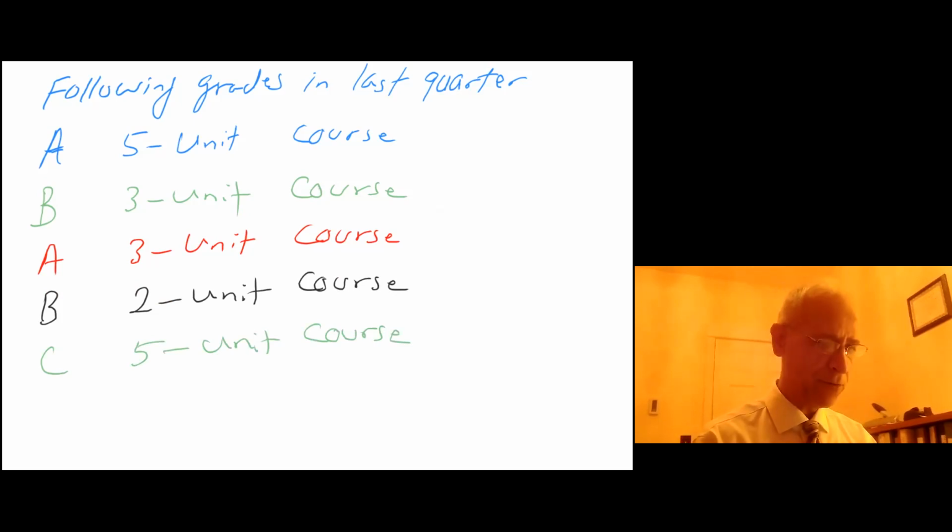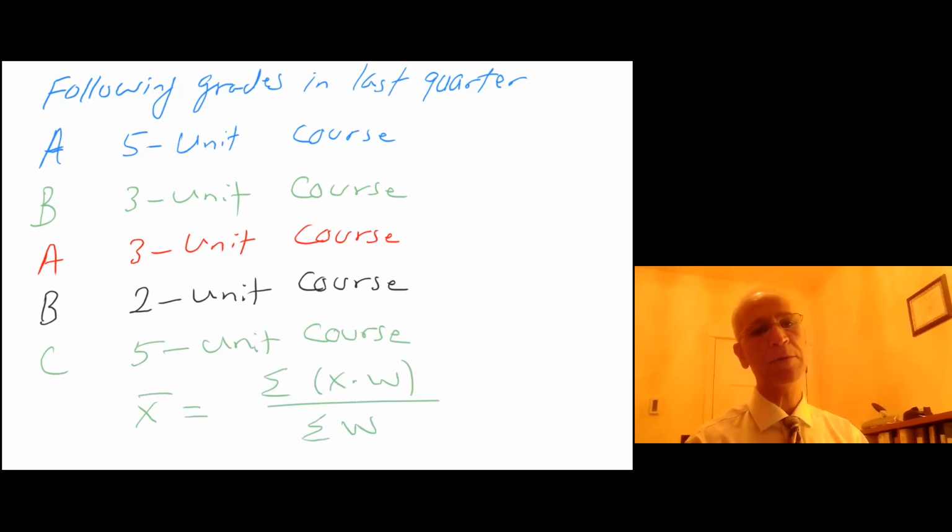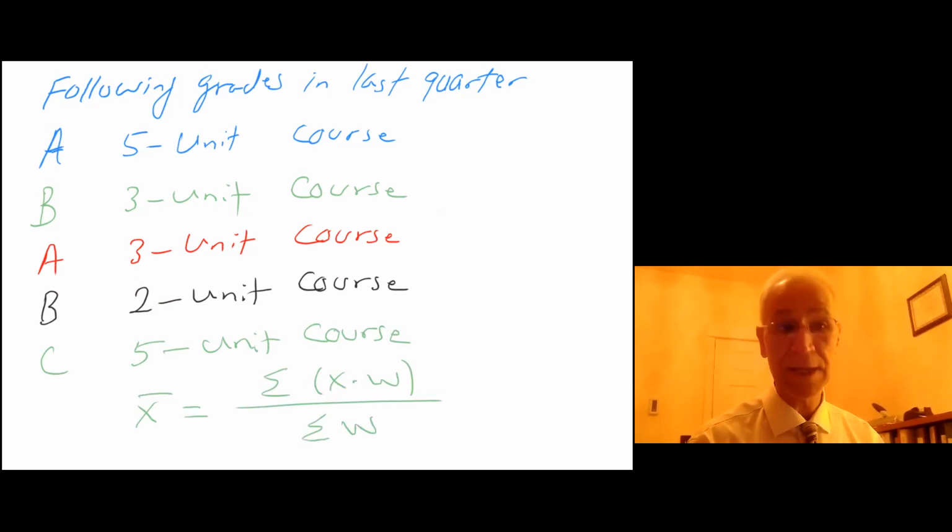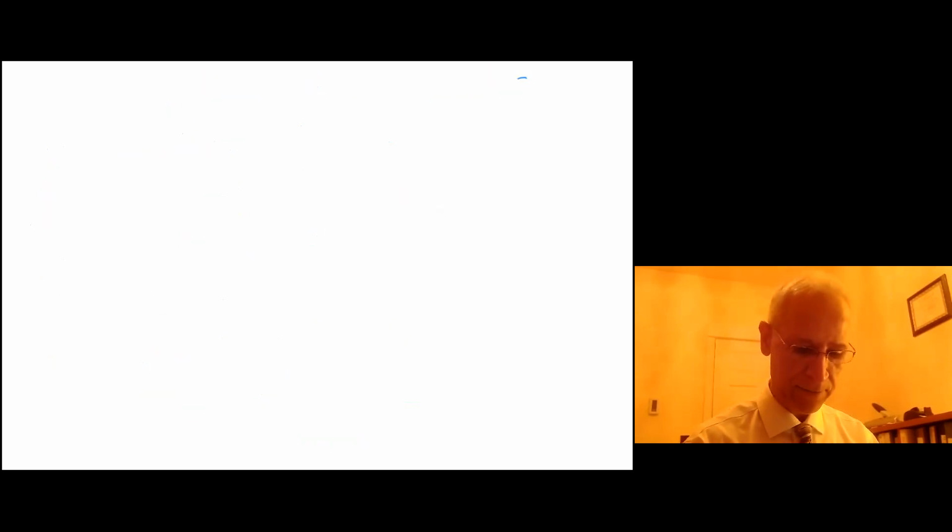All right. And what we want to use, remember that we said that X bar equals sigma X times W divided by sigma W. So let's just organize this in the next page in a nice fashion.